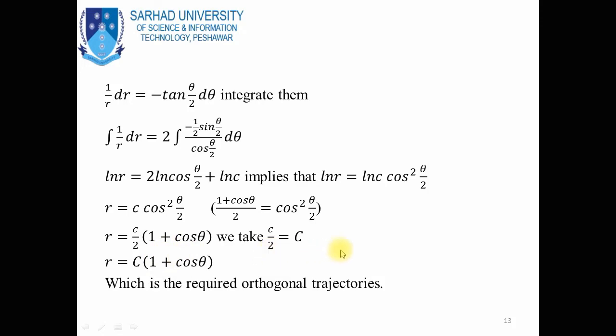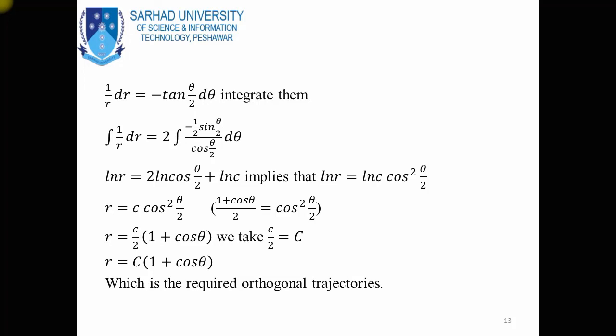So dear students, in this lecture, note how to find an orthogonal trajectory equation for the given family of curve. Note that we have a given family of curve, we have an equation for the family of curve. So first of all, differentiate that equation which is given, and then replace dy by dx in that differential equation by minus dx by dy.